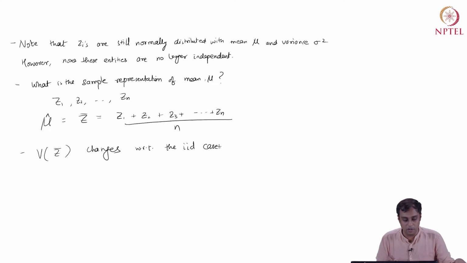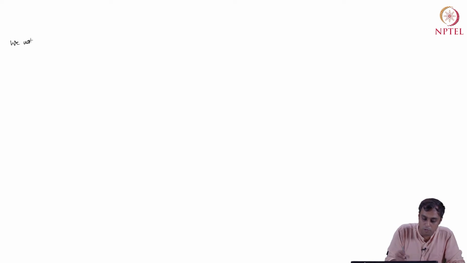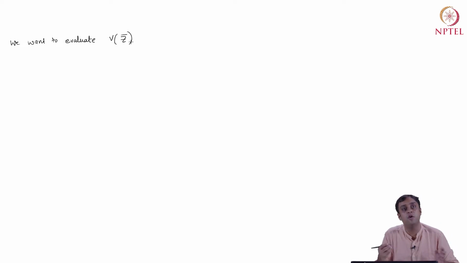Now what changes is the variance of Z bar, with respect to the IID case. To evaluate it, we want to evaluate the variance of Z bar, because we know it's a random variable composed of random variables. There is an error, I want to articulate that error, and that error will come from the variance of Z bar. So before we do that, let's go back to where we started.